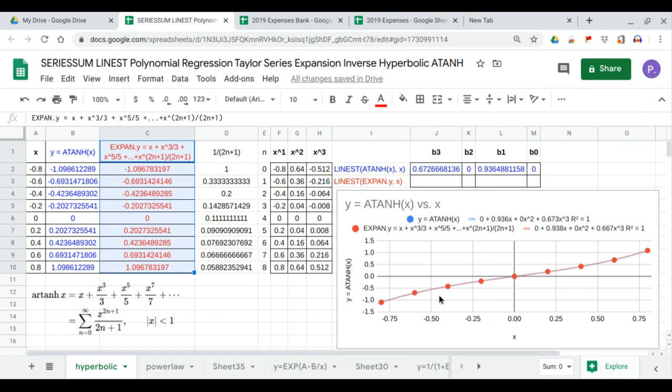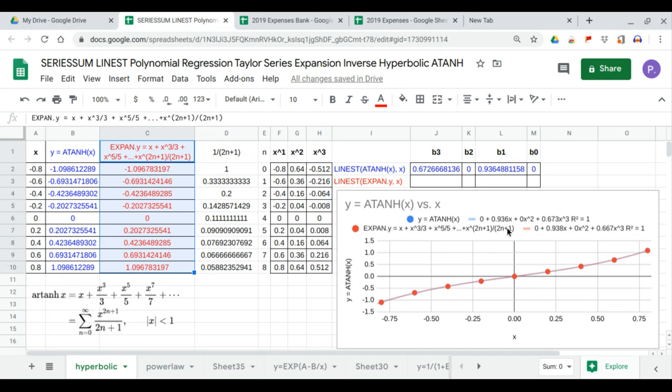The blue dataset is covered now because the red and the blue are the same. Let's go by the coefficients. Here B0 is also B0. Our B1 is 0.938 and the blue one is 0.936. Our B2 is 0. They're about 0. Our B3 is 0.677, or 0.667. This one is 0.673.